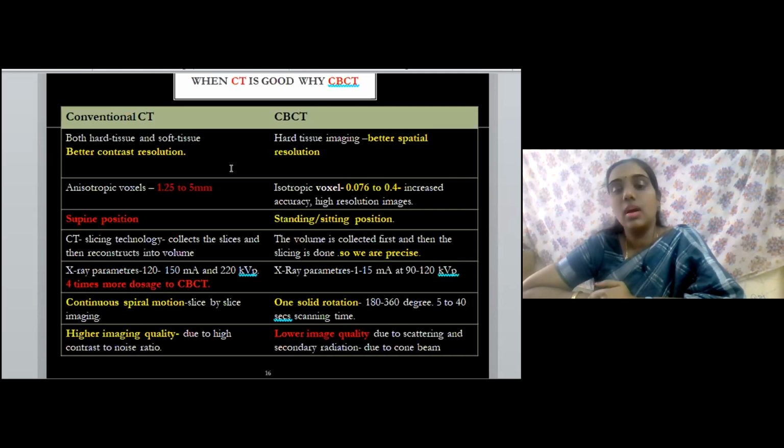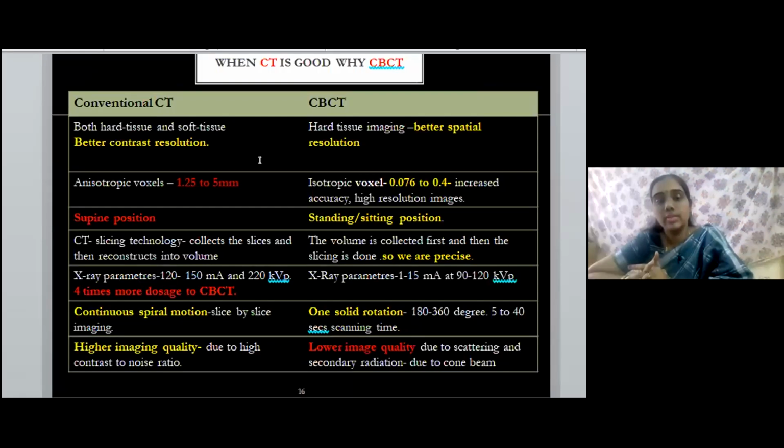And then, of course, CBCT has better spatial resolution because the voxels are isotropic, but CT has a better contrast to noise ratio, with much less noise, and that gives you a better contrast resolution because of the shape of the beam. The shape of the beam in CBCT is a cone beam, and we accept all the scattered radiation which also falls on the patient, and it forms really high noise.